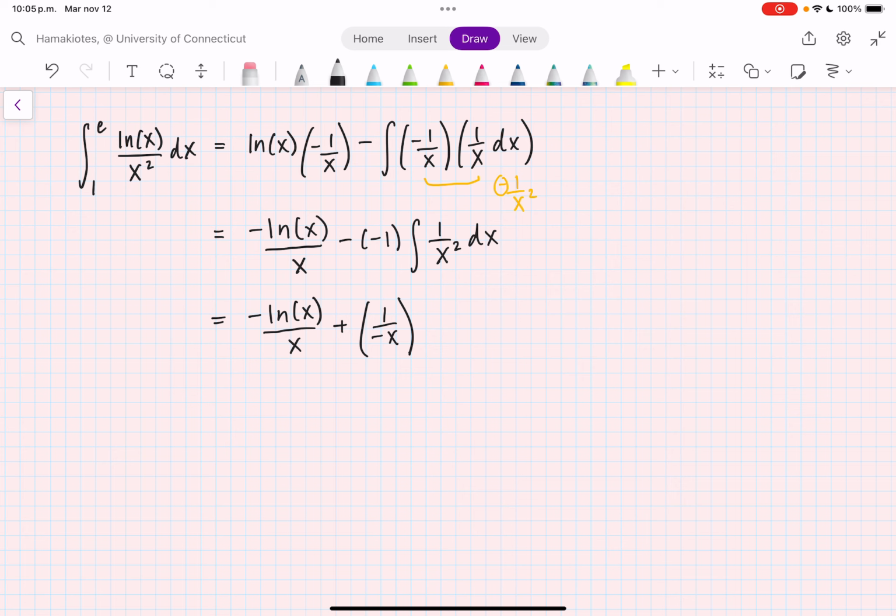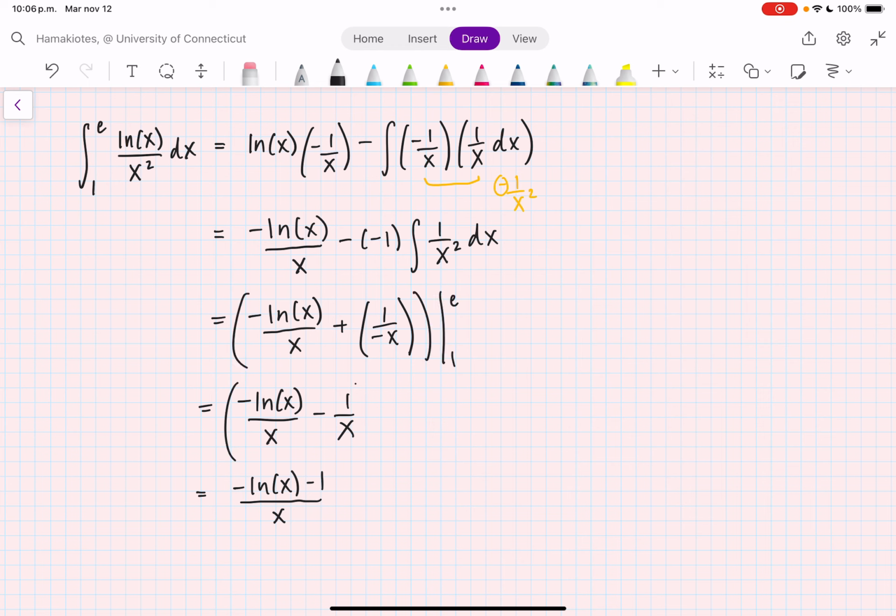And so what we have is minus ln of x over x minus 1 over x, which can be written as minus ln of x minus 1 all over x. But we are not done yet because this is a definite integral. So we have to evaluate this whole thing from 1 to e.